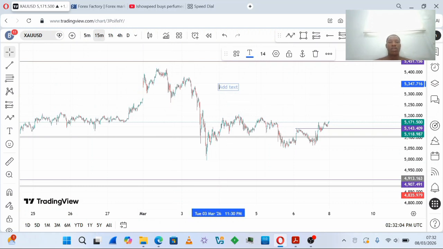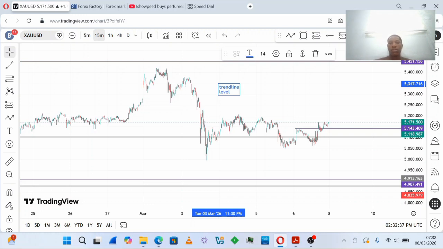First of all, I look out for a trend. Like, what is the trend? Is it an uptrend or downtrend? First, trend line. Number two, I look out for my level. I want to know if the price is on a support level or is it on a resistance level.